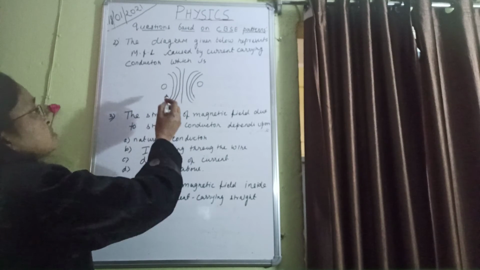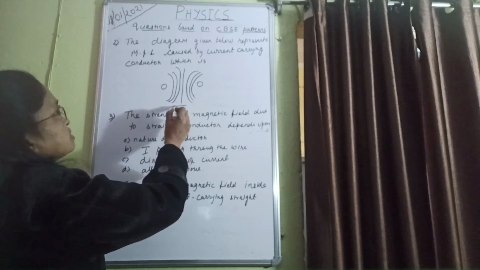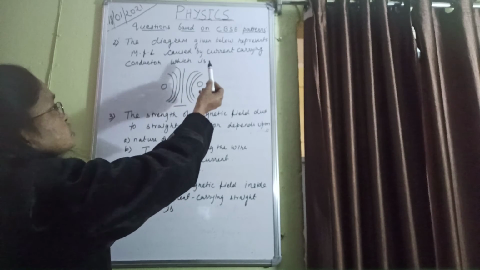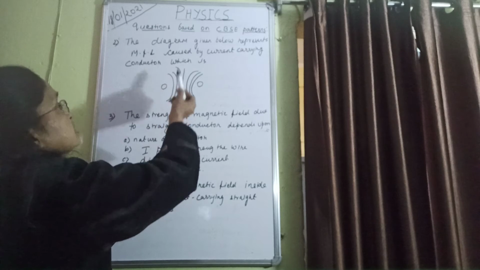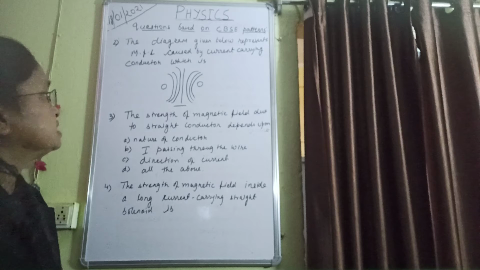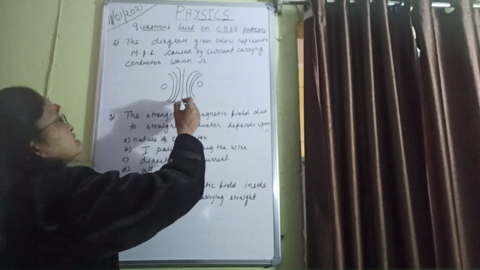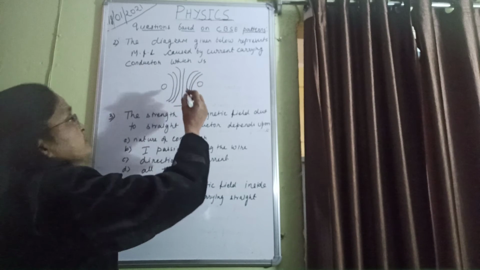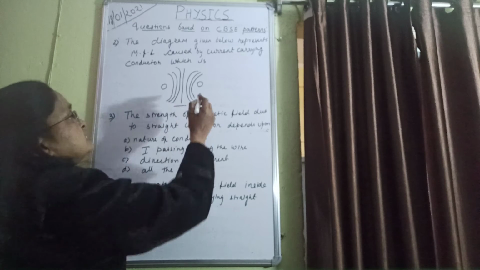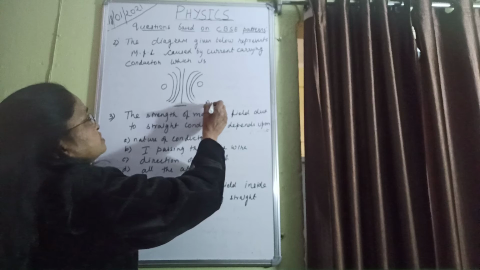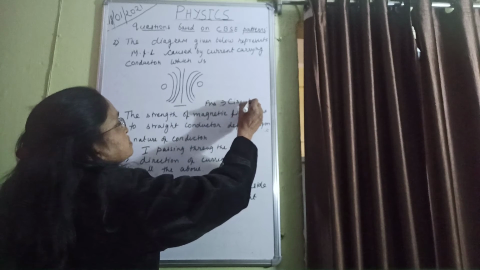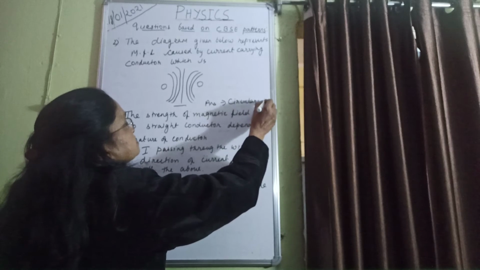The diagram given below represents magnetic field lines caused by a current carrying conductor, which is, by seeing the diagram only you are understanding that in between it goes in a straight line. That means this is the magnetic field line represented by a circular wire.